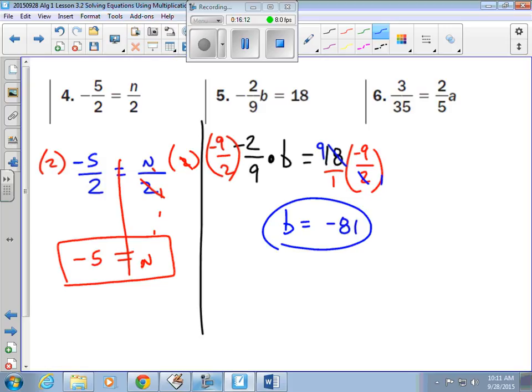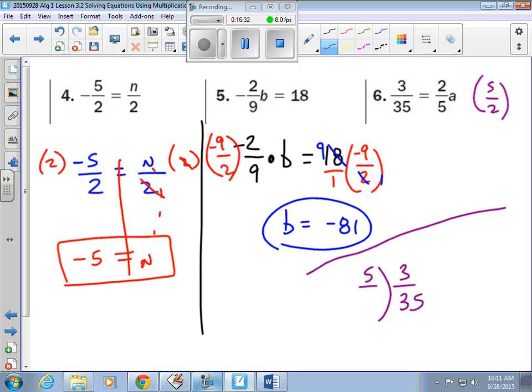Same thing for the last one. You could divide by 2/5, but you'll do better by multiplying by the reciprocal, which means to flip it, 5 over 2. You multiply the left, do likewise on the right. 3 over 35 times 5 over 2: this will cancel this, and this will cancel this.